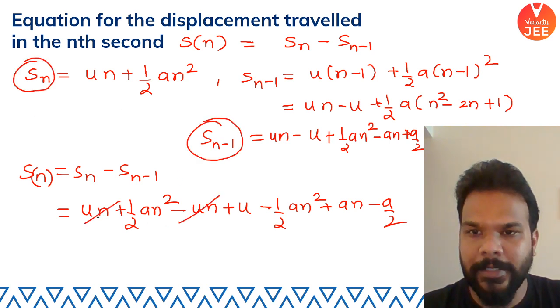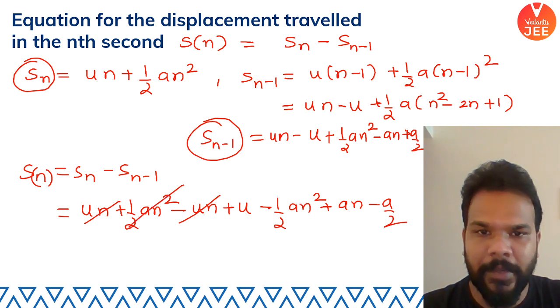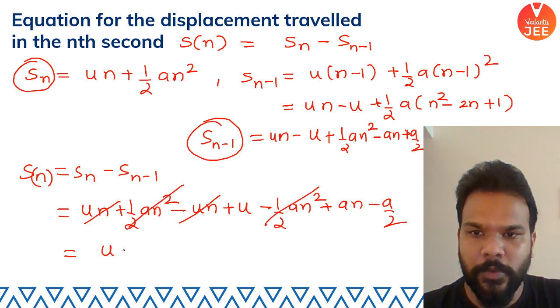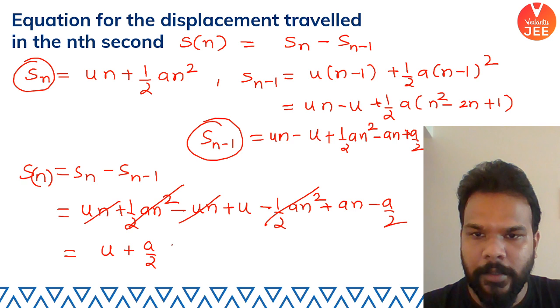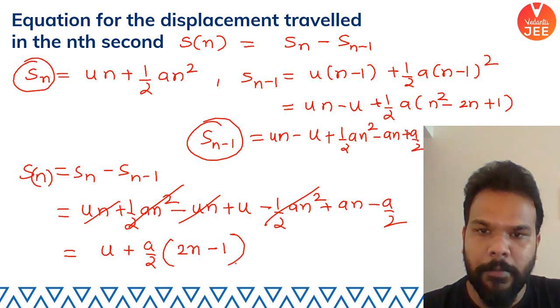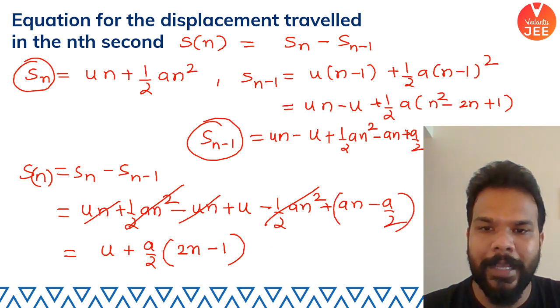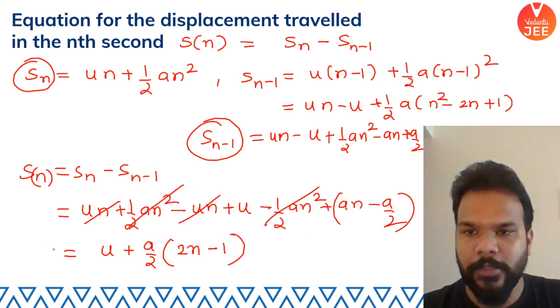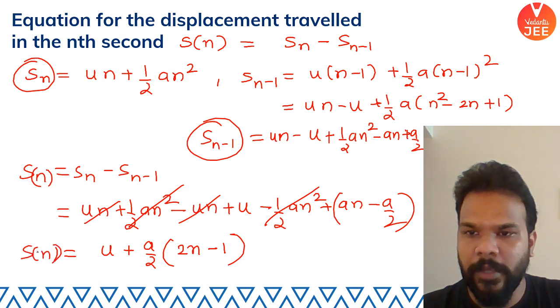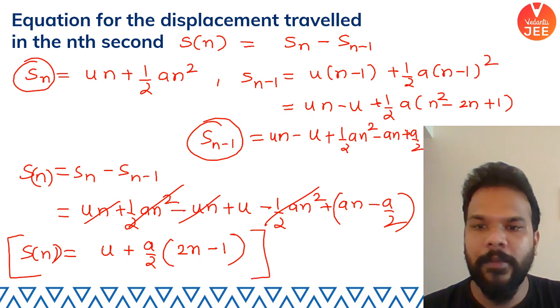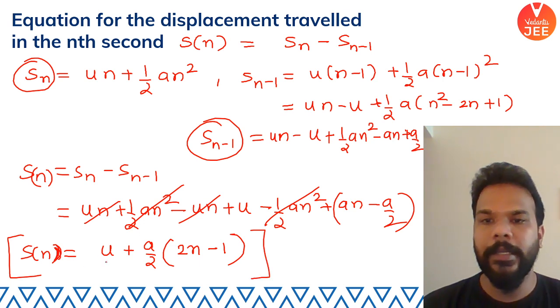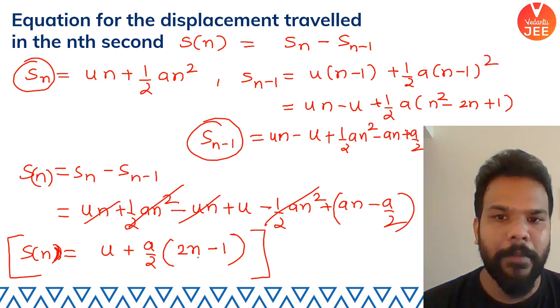So you can see un is getting cancelled and half a n square is getting cancelled. So I have u plus a by 2. If I take common from here, then from here I will have 2n minus 1. You can multiply a by 2 inside and you will see that this is what you're going to get. 2 will get cancelled, an will be left and a by 2 will be there. So that's why this is the formula that we were looking for. The formula which says the displacement covered in the nth second is u plus a by 2 times (2n minus 1).